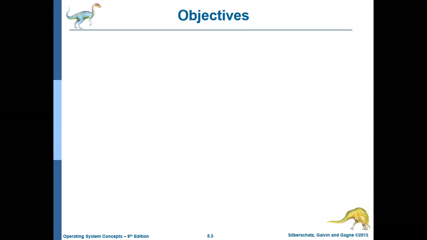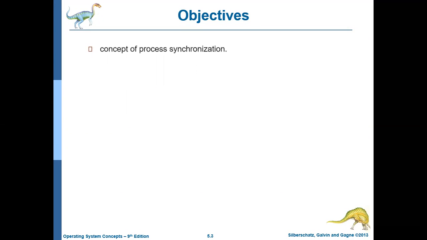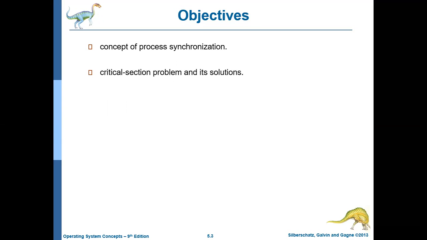So the objective of this chapter is to introduce the concept of process synchronization. What is meant by process synchronization? What is its importance and why should it be done? And then we'll be discussing the critical section problem.